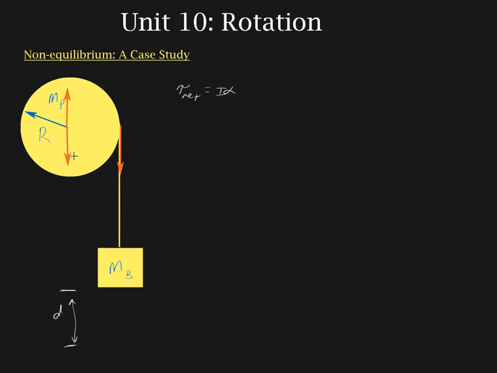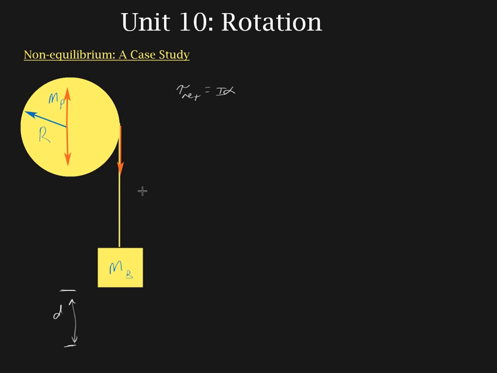So the weight is part of it, and then the weight of our block is also going to be part of it. So we really don't precisely know what the normal force is going to be. We can figure it out, but you cannot just assume that the normal force is equal to both the weight of the pulley plus the weight of the block.